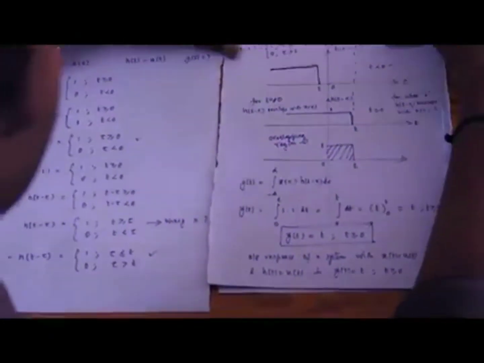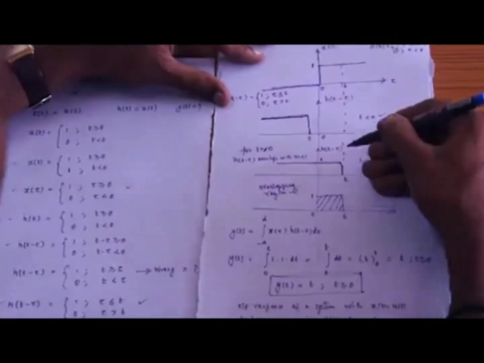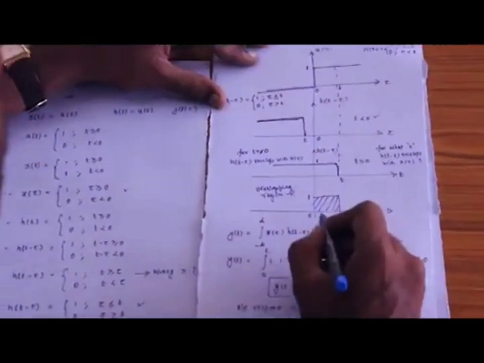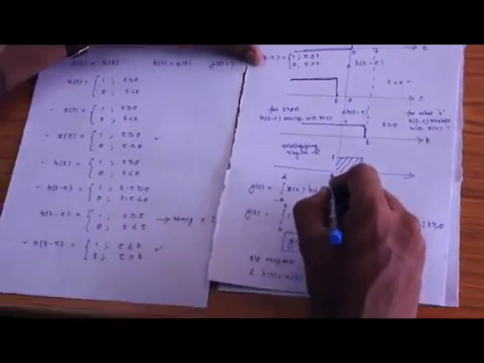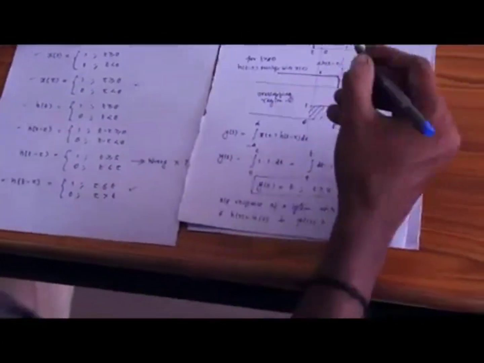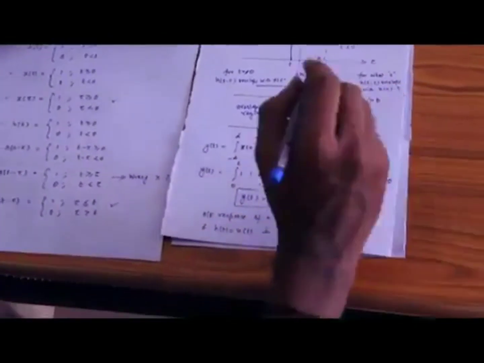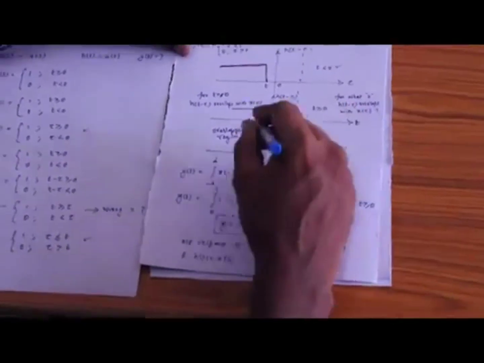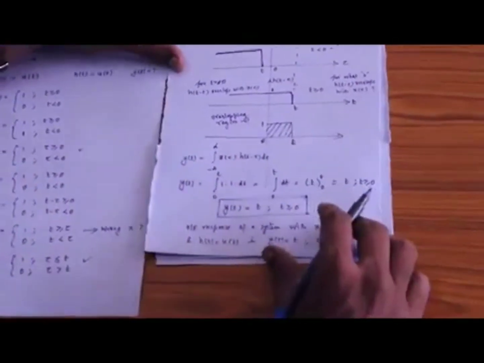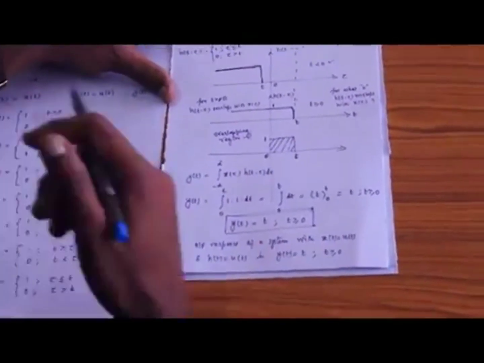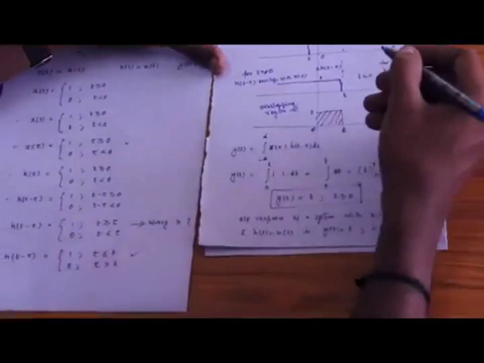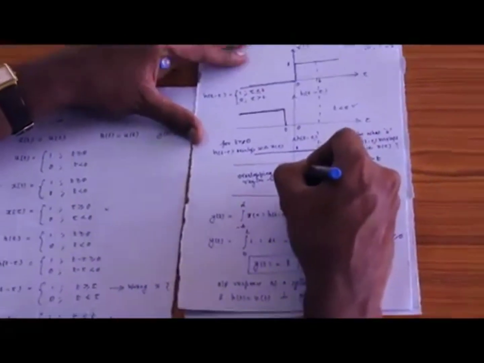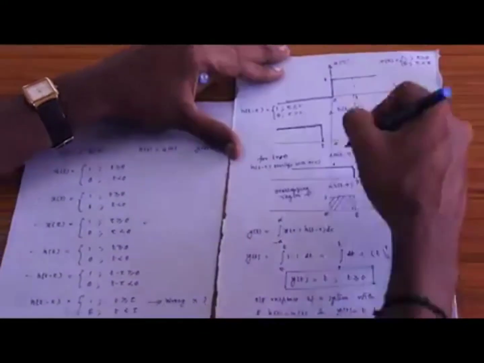Now if I compare this x of tau and h of t minus tau, my overlapping region is 0 to t. So between 0 and t, the h of t minus tau value is 1. Okay. So this is my overlapping region, my h of t minus tau overlapping with x of tau.